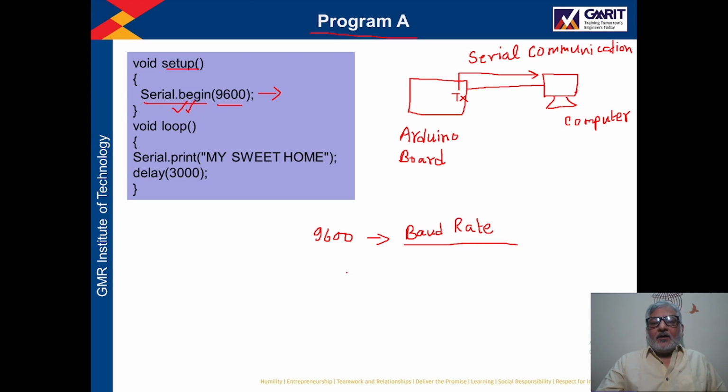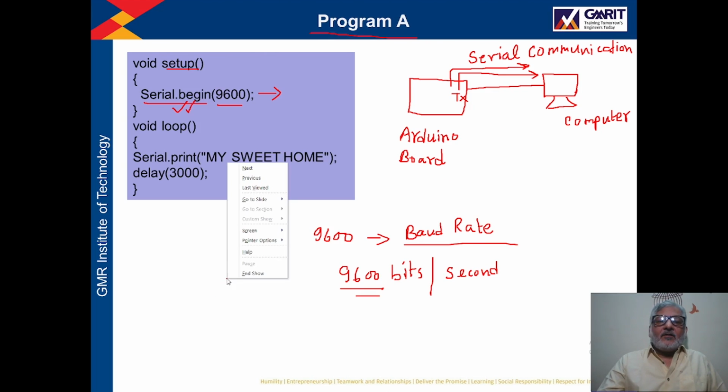It means bits will be transferred at the speed of 9600 bits per second. With this speed, bits will be serially transferred to your computer and displayed on the monitor. This is the logic here.